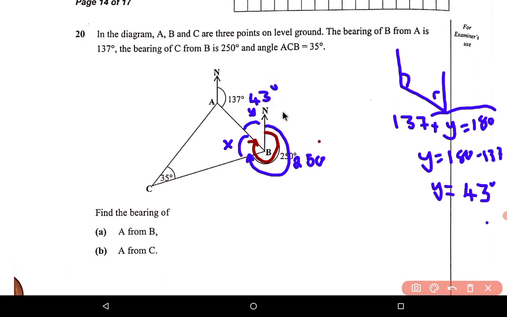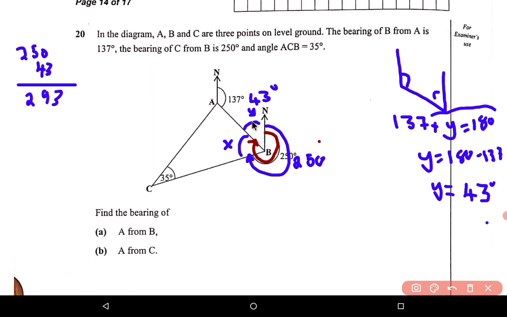What this tells us is that if you add 250 plus 43 degrees, the only thing remaining will be x. So 250 plus 43 gives us 293. Now remember, if this is a complete thing, and we add everything, it's supposed to give us 360.